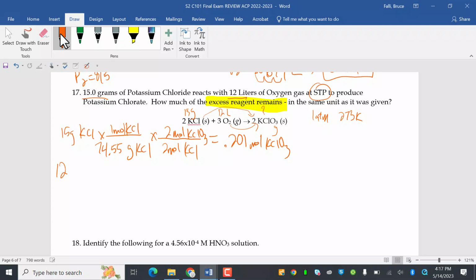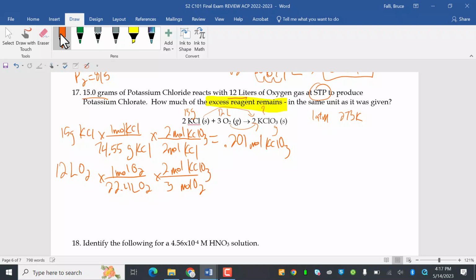The other one started with 12 liters of oxygen. 12.0, right? Oh, 12. That means 2 sig figs. This is 15.0, so 3 sig figs. So 12 liters of oxygen times dividing bar, and then 1 mole of oxygen at STP is 22.4 liters of oxygen. And then I'm getting out of moles of oxygen. 3 moles of oxygen gives me 2 moles of KClO3.